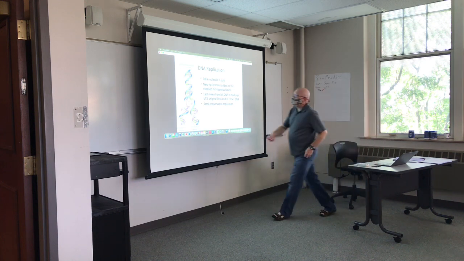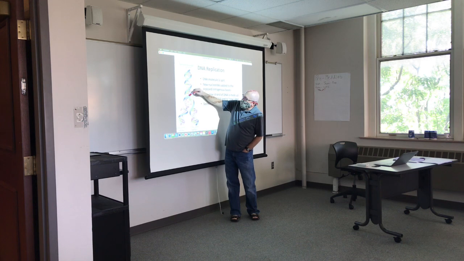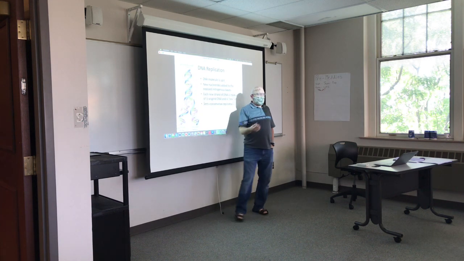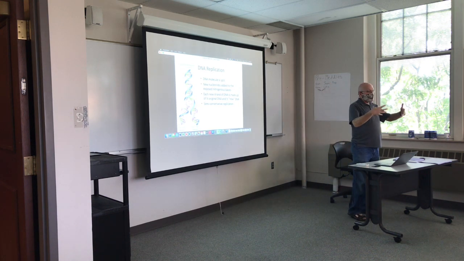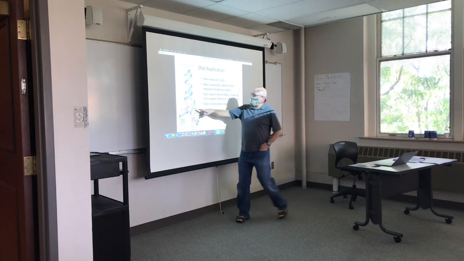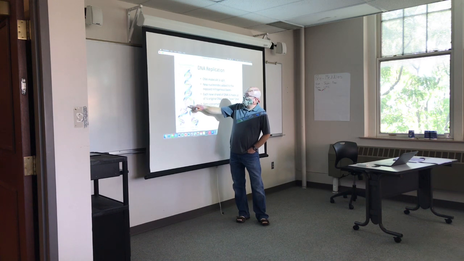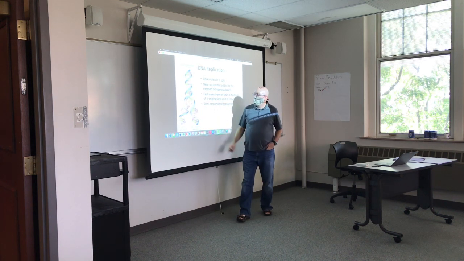So here we have a double helix of DNA. The purple strands are the old DNA. The pink strands are new DNA, where the nucleotides have been added to the open, unbonded nitrogenous bases. It's basically adding an adenine to a thymine, thymine to an adenine, guanine to cytosine, et cetera.